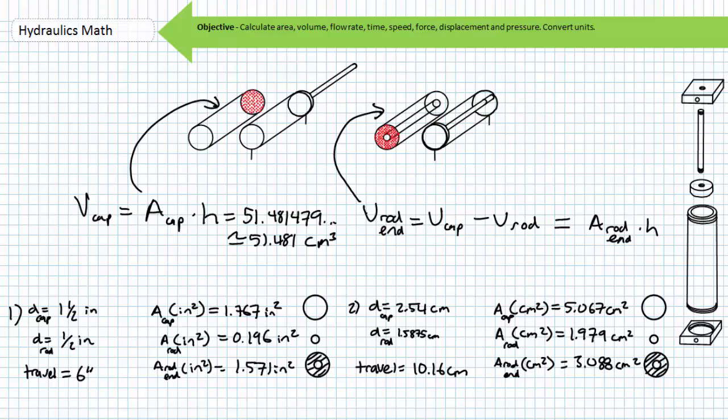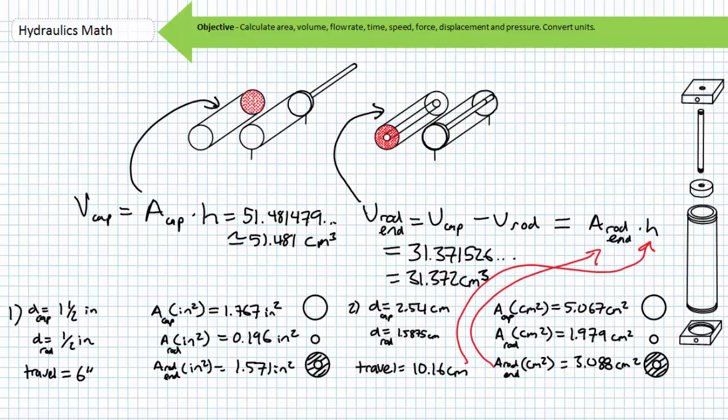If this full cylinder had a cylindrical core with a diameter of 1.5875 centimeters removed from it, this is effectively asking us to subtract the volume of the 1.5875 diameter core with a height of 10.16 centimeters from our original 2.54 centimeter diameter cylinder with a height of 10.16 centimeters. Alternatively, one can multiply the annular rod end area times the height of 10.16 centimeters.